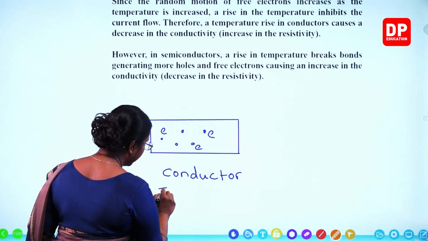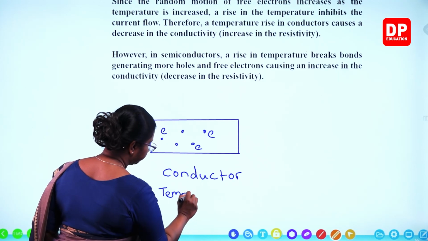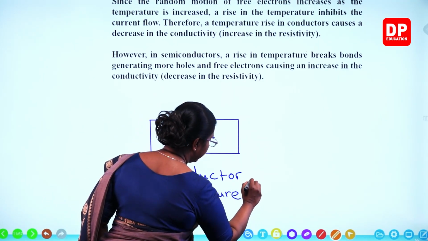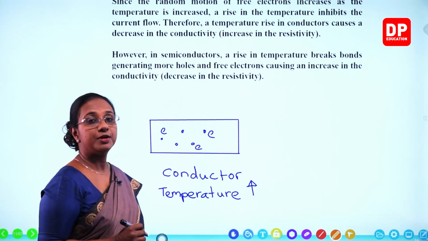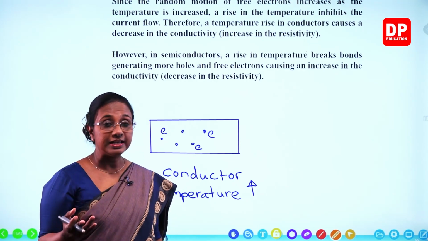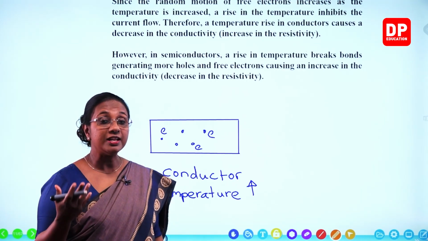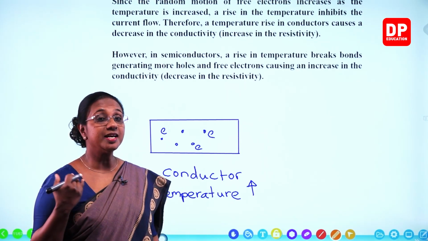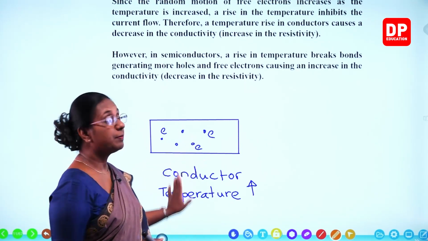Now when temperature increases, what will happen to the thermal energy of these electrons? You all know the thermal energy increases. Usually when the thermal energy or heat energy increases, that can increase the kinetic energy of particles.